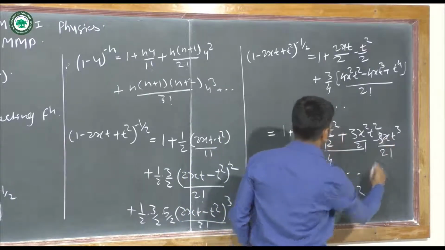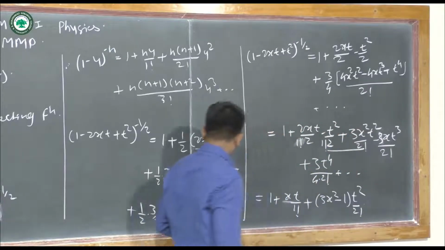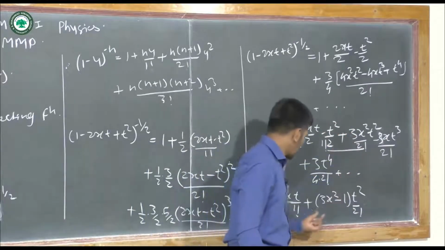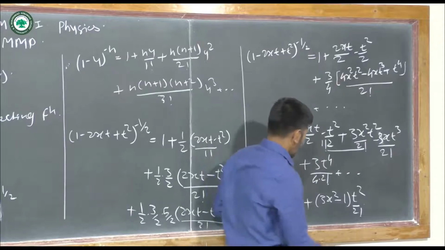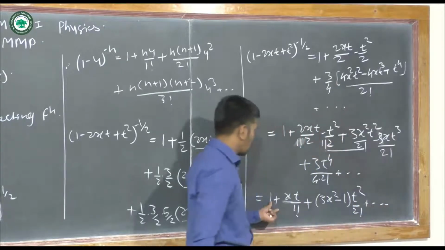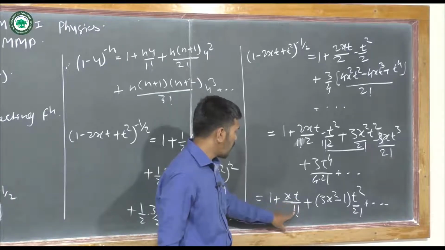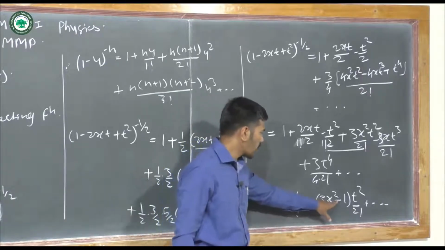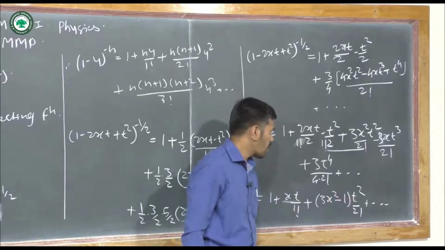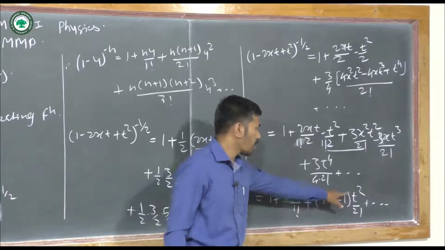And again if we need to expand these things for the t cubes, up to the 3 terms: 1 plus x into t by 1 factorial plus (3x square minus 1) t square by 2 factorials, and next for the t cubes.